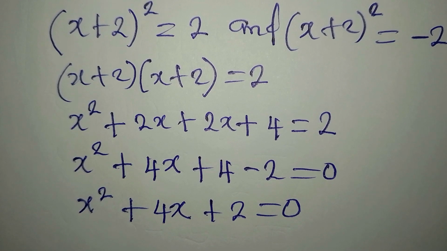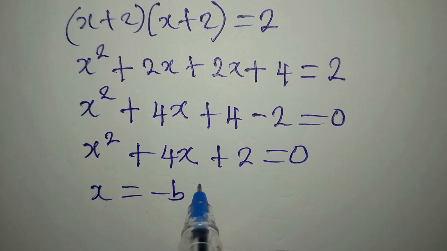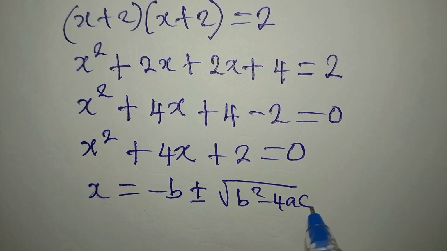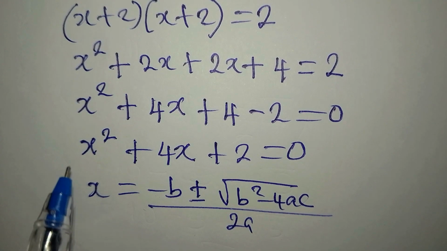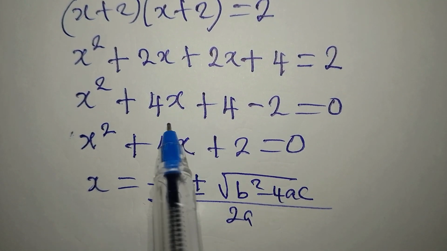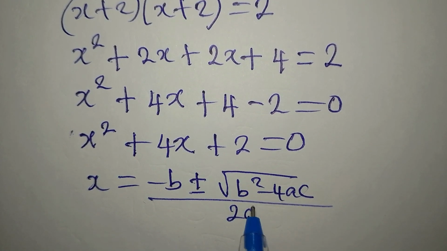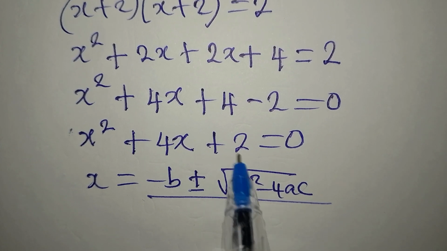So we solve this very quickly. How do we deal with this? Our x is (-b ± √(b² - 4ac)) over 2a. a is 1, the coefficient of x squared is invisible there, the coefficient of x is 4, meaning that our b is 4, and our c is the constant here, which is 2.